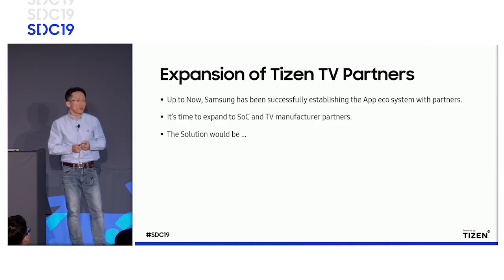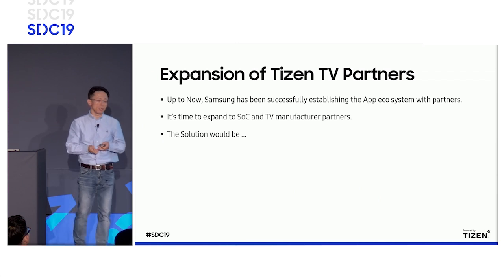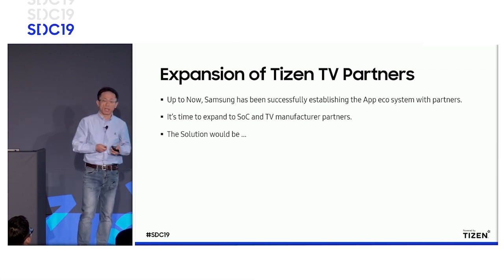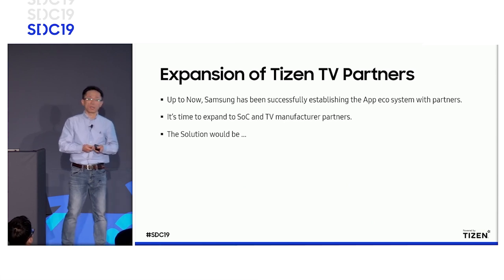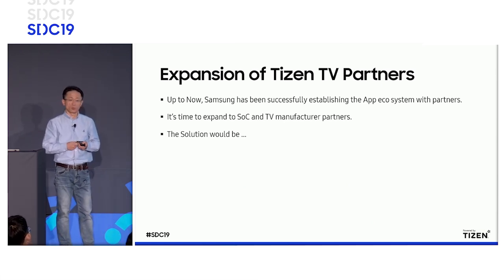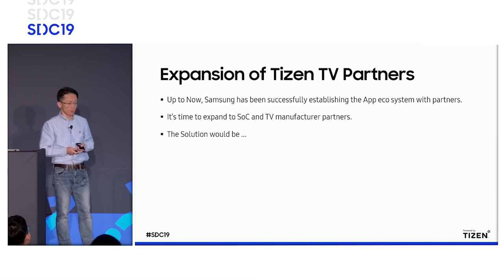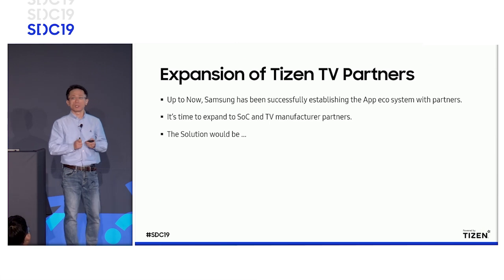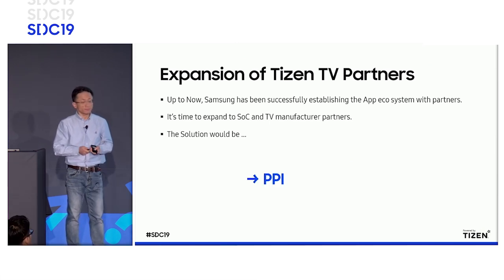So up to now, Samsung has been successfully establishing the app ecosystem with a partner. So it's time to expand to the SoC and TV manufacturer partner at the moment. So the solution would be PPI.